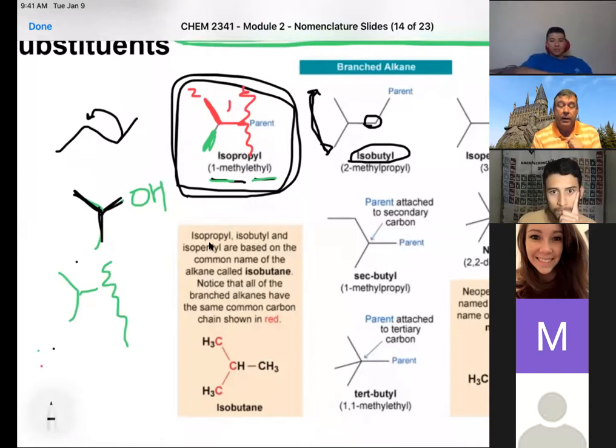Now, if we move it over one more carbon, so it's on the carbon next to where it's attached to the parent chain, that's now the sec-butyl group. Because we've moved it one position to get to the isobutyl, we moved it a second position to get to the sec-butyl.